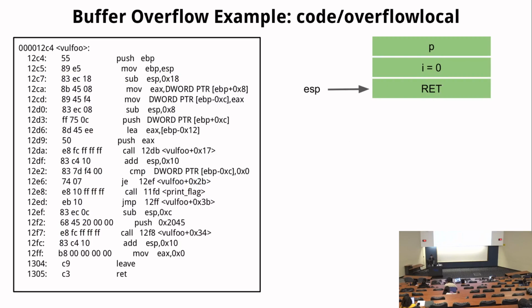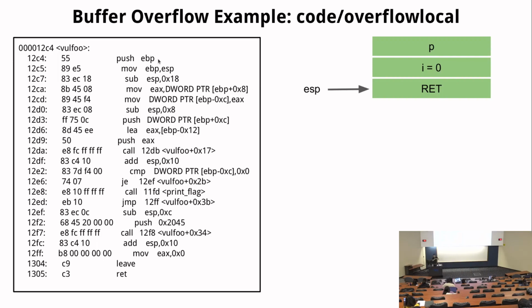Then, what happens in vol when we call string copy? Let's say we are going to step through each instruction of this vulnerable function and try to understand how this attack works. Now we are at the beginning of vol. Imagine the next instruction we are going to execute is the first instruction of vol, which is push EBP.